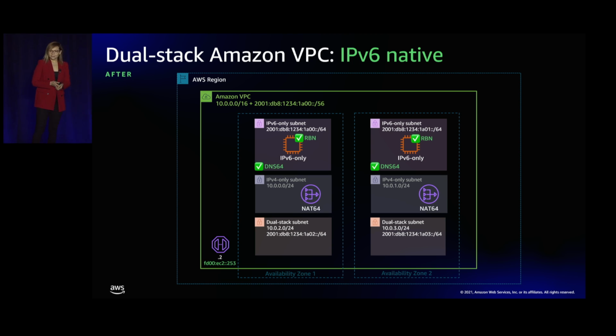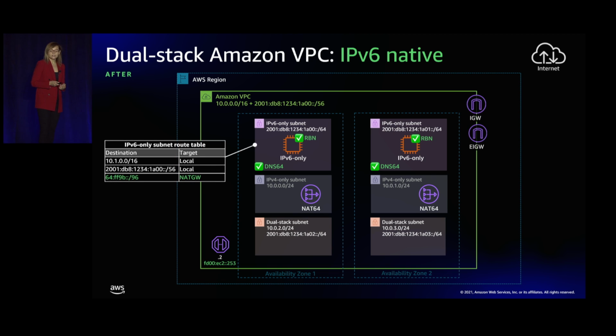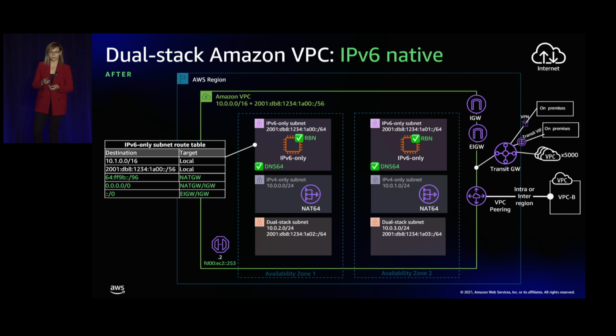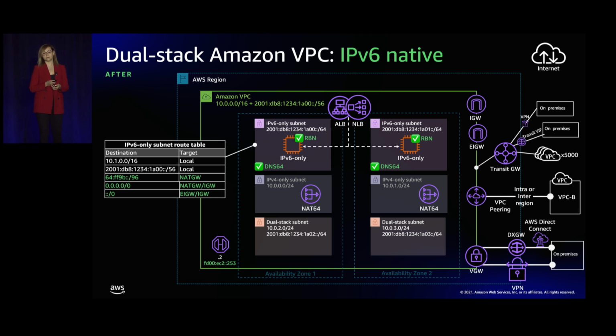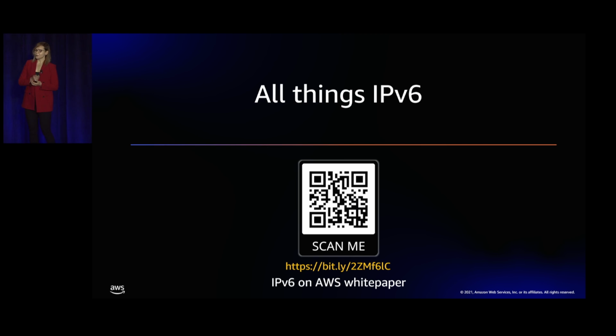We have DNS64 and NAT64 to facilitate communication between IPv6 and IPv4. We have internet routing and private network routing with transit gateway, VPC peering and VPNs, dual-stack natively enabled. If you want to know more about IPv6, please scan the QR code and read our IPv6 white paper.